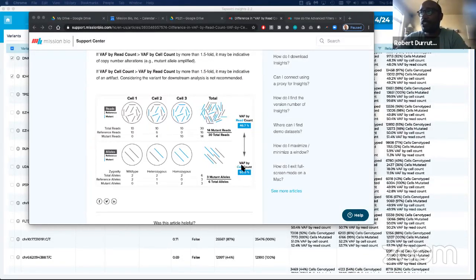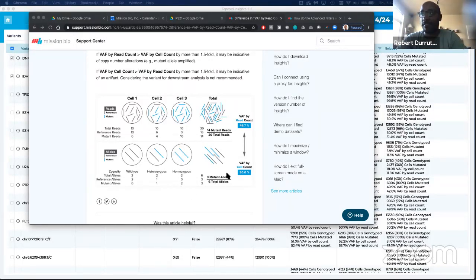The VAF by cell count, on the other hand, doesn't consider reads. However, it does consider alleles. So we assign allele counts to a given cell. A cell that's wild type has 0 mutant alleles. A cell that's called heterozygous mutant has 1 mutant allele, and a cell that's called homozygous mutant has 2 mutant alleles.